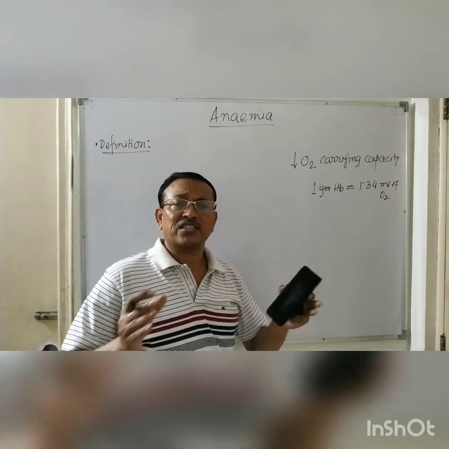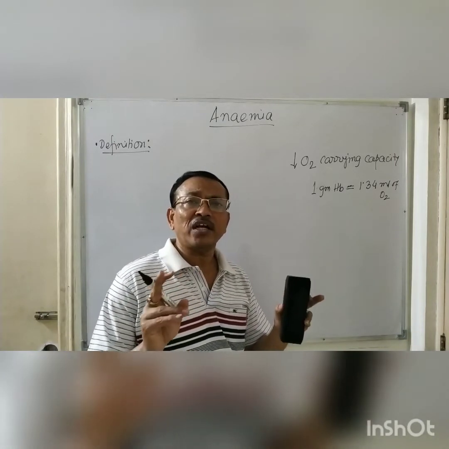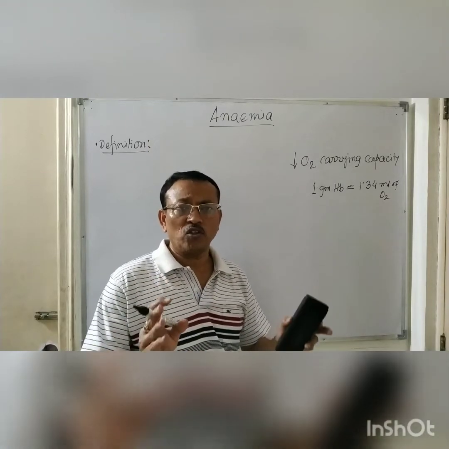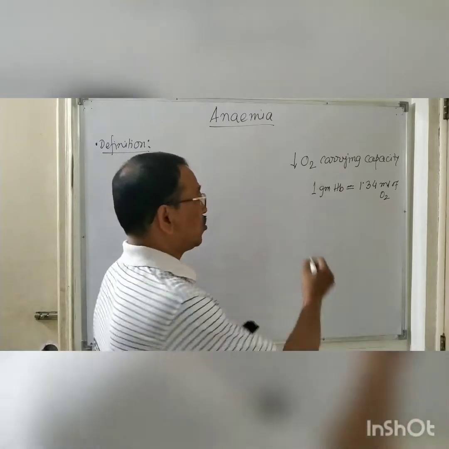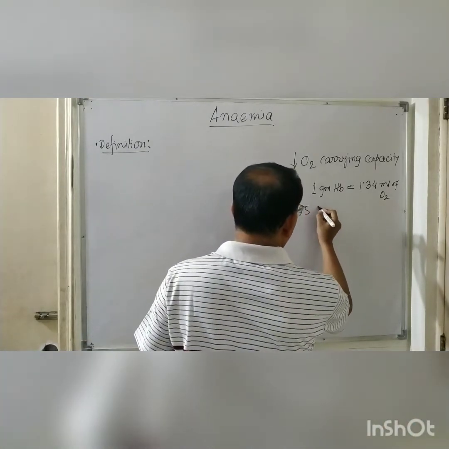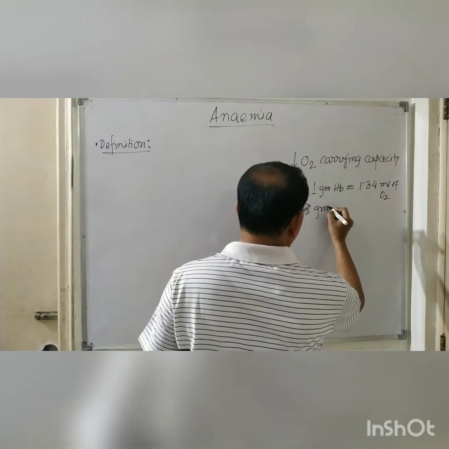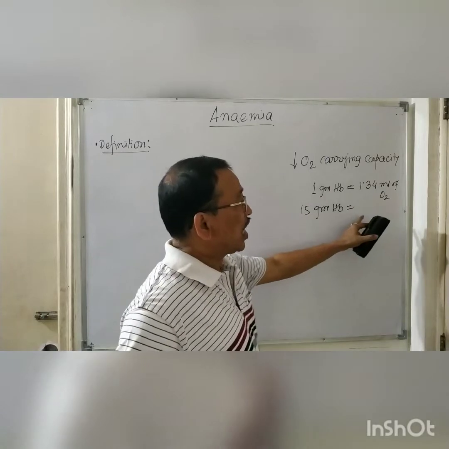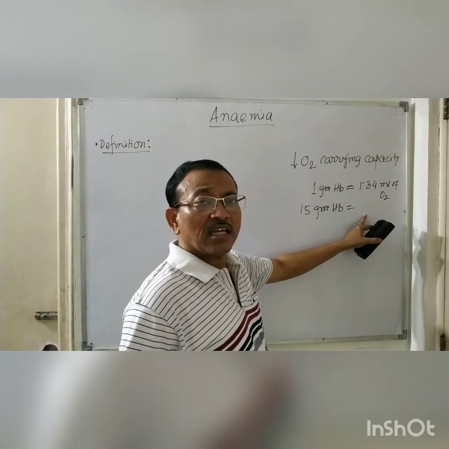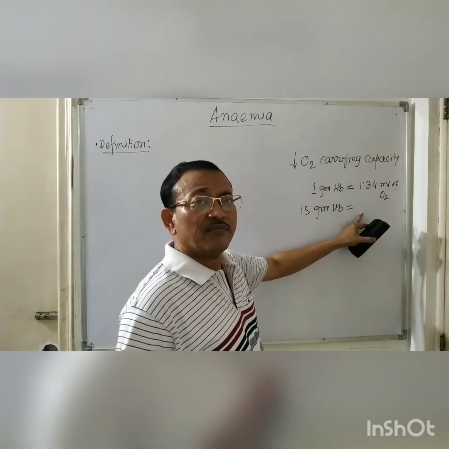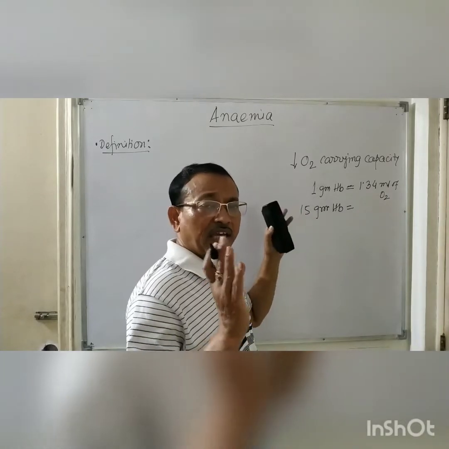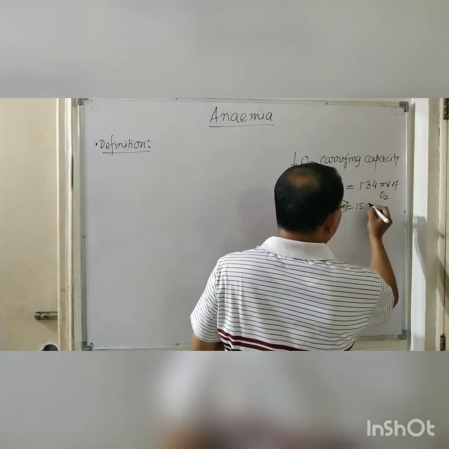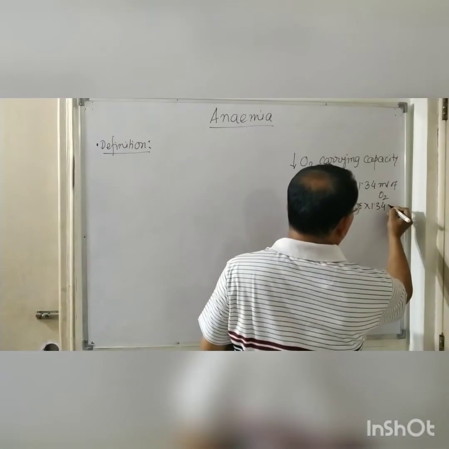Now, suppose a person is having 15 gram of hemoglobin in his blood. So hemoglobin concentration is 15 gram. In such a case, what will be the amount of oxygen that can be carried by the entire amount of this hemoglobin? That is 15 into 1.34 ml.